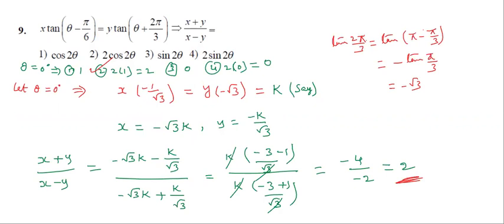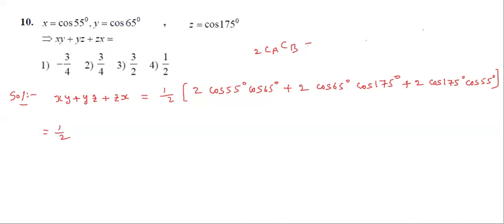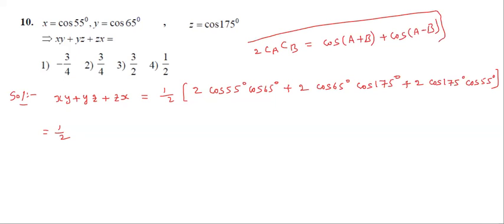Friends, all of you understood now? What is 2 cos A cos B? Cos of A plus B plus cos of A minus B. This is the formula. That's why I multiplied and divided by 2.